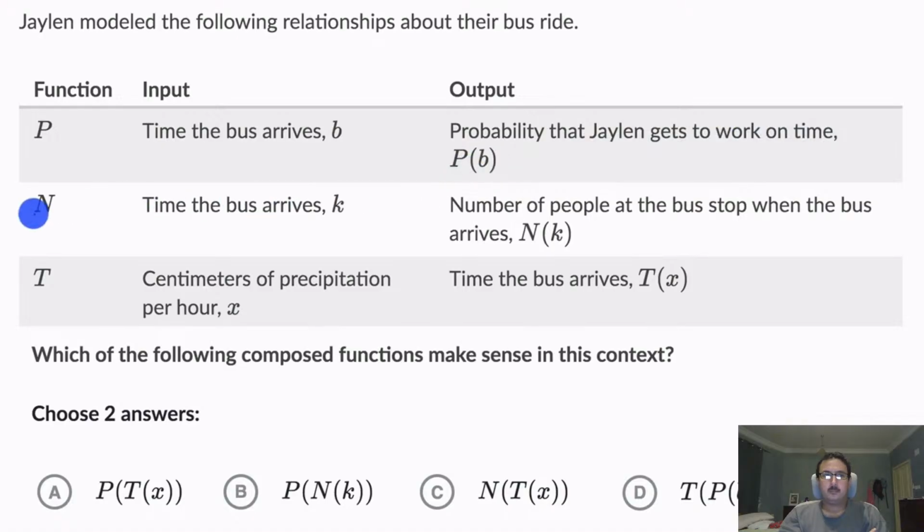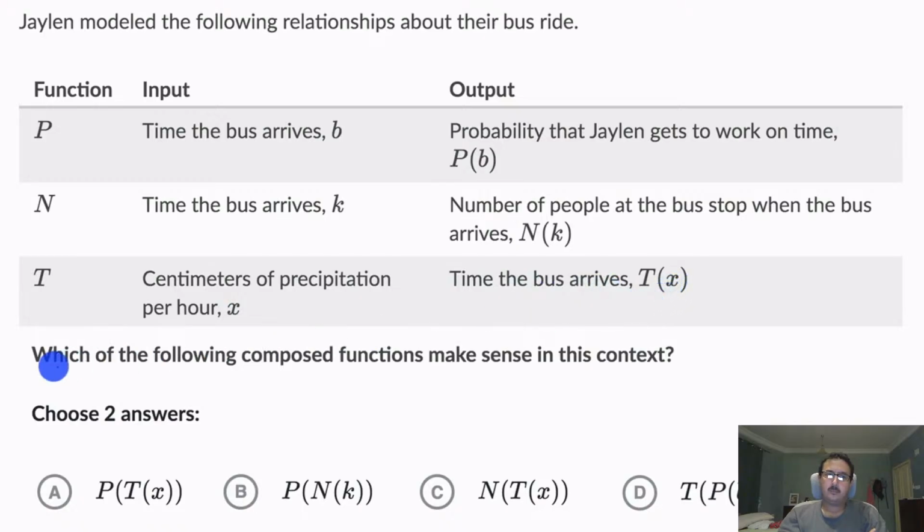Function N, the input is the time the bus arrives, given as k, and the output is the number of people at the bus stop when the bus arrives. So it's the number of people at the bus stop as a function of the time the bus arrives. And then T, the input is centimeters of precipitation per hour, x, and this gives us the time the bus arrives as a function of that precipitation.